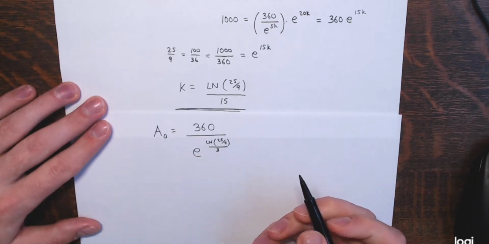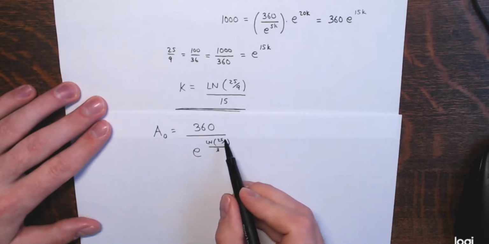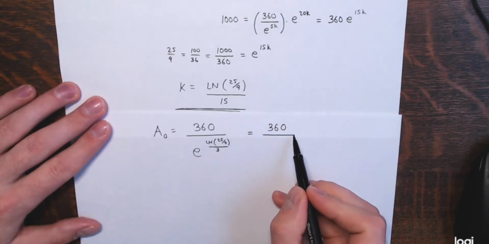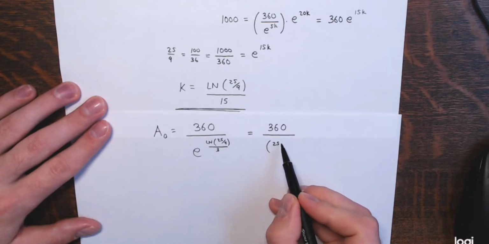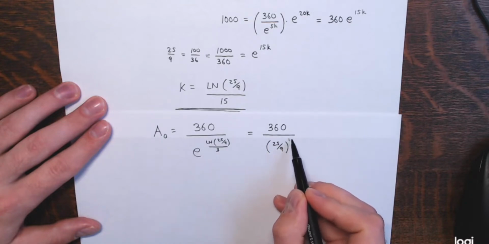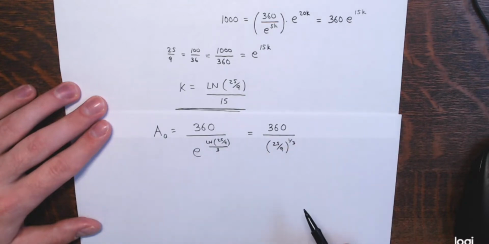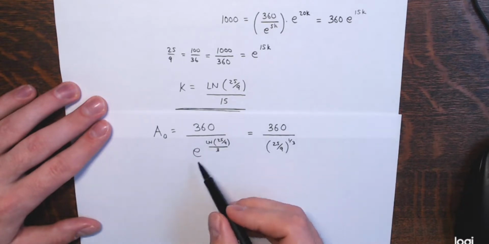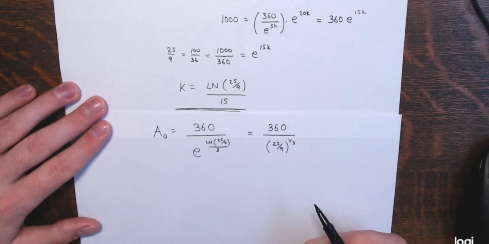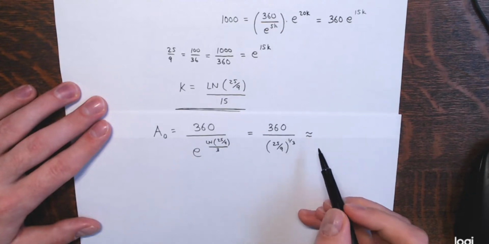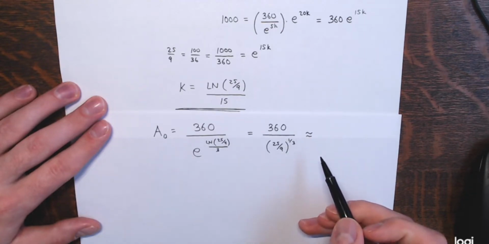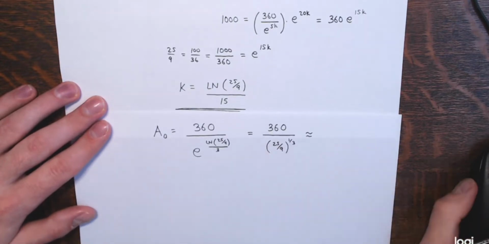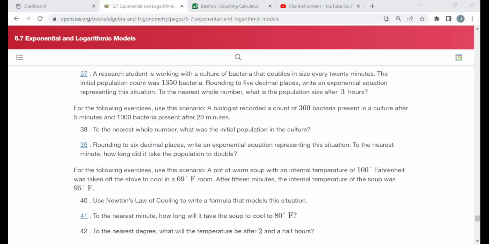And then I put the 1/3 in as a power, and we can make that denominator there. This is 360 divided by 25 ninths to the 1/3 power, or the cube root of 25 ninths. Again, that's put the 1/3 in as a power, and then do the inverse property. And I think we're asked to round to the nearest whole number of bacteria, so I'm going to punch this in my calculator.